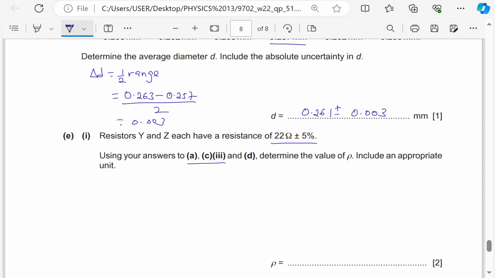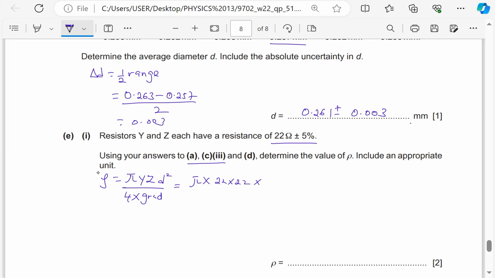So making rho the subject, I think rho is going to be pi y z d squared divided by 4 times the gradient. Okay, so I'm now going to substitute. So this is pi times y and z are 22, so it will be 22 times 22.